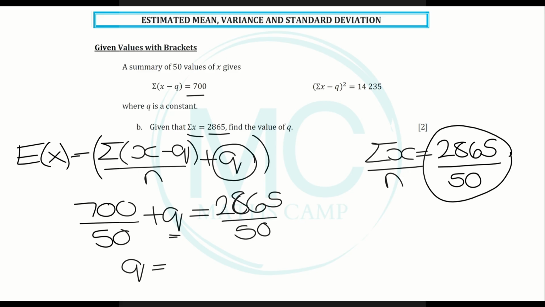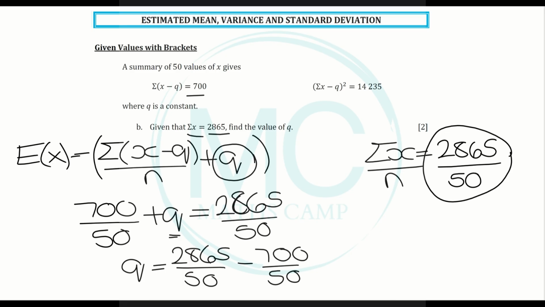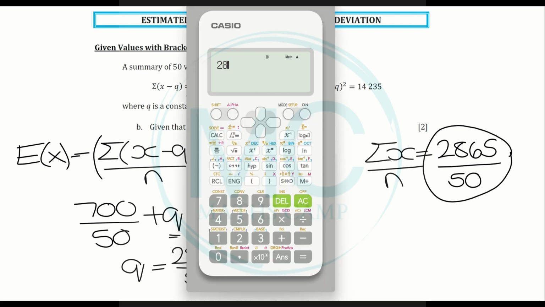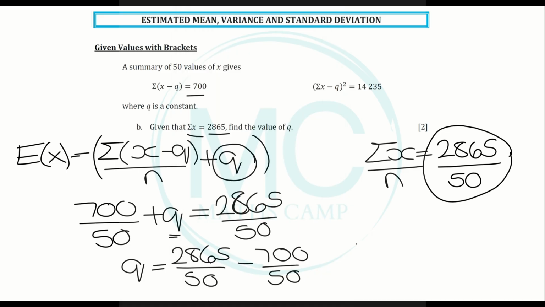We get q is equal to 2,865 over 50, and we move our other fraction to the right, minus 700 over 50. Now I can take my calculator. Both of these fractions have the same denominator. So I'm going to say 2,865 minus 700 over 50 is equal to 43.3. This is my value for q. So you can say q is equal to 43.3.